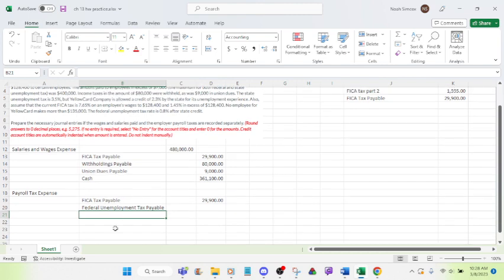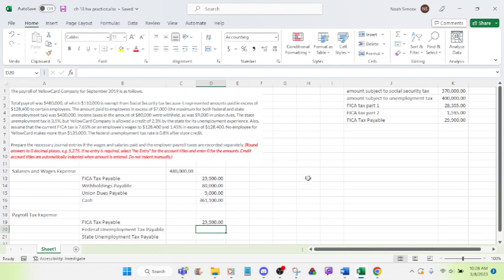And then we have state unemployment tax payable. And that should be all of them. So that should be it, right? And the amount subject to unemployment tax is $400,000.